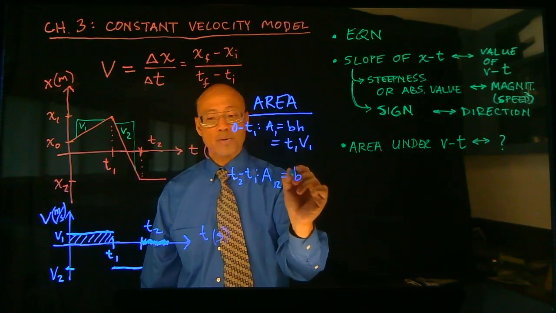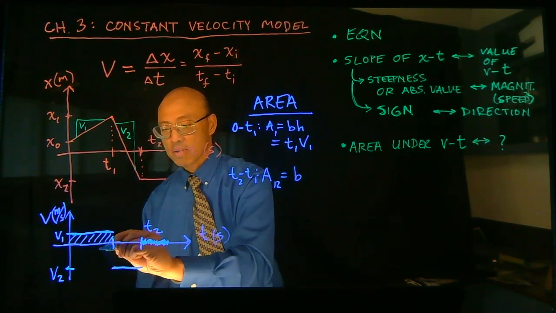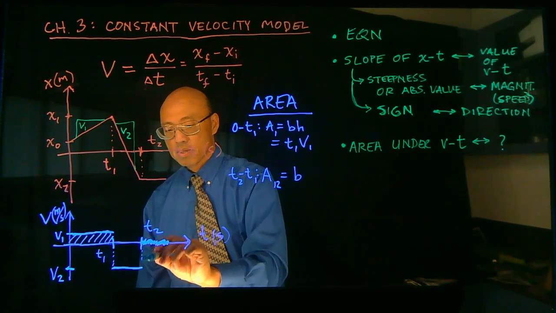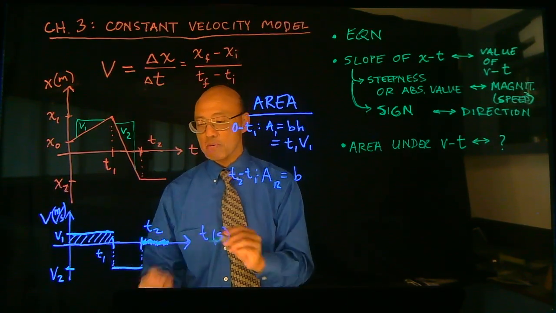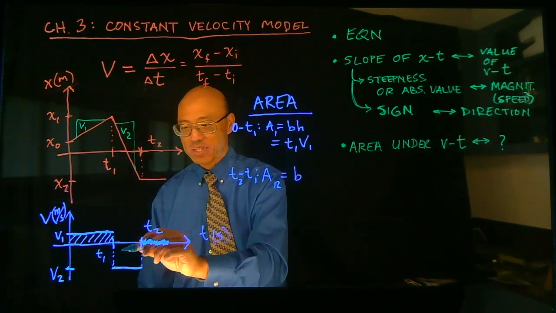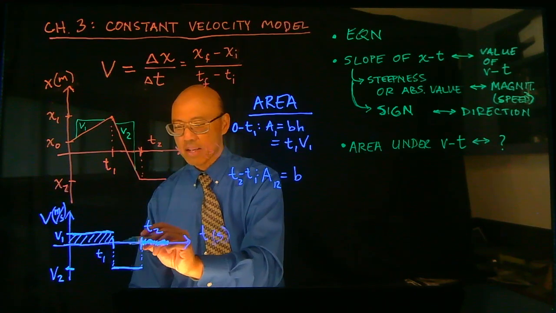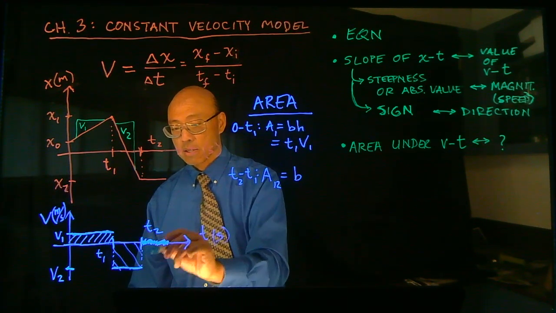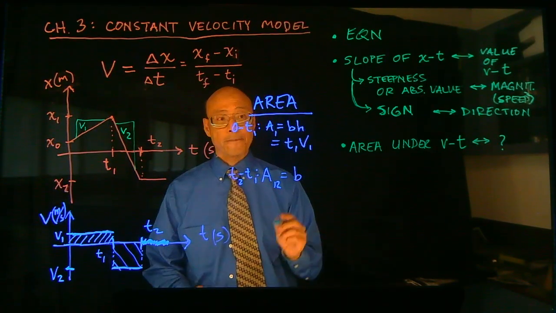That area is also a rectangle. So let me move this t1 over. That rectangle, area under the graph for t1 to t2, the under part should be in quotes because this looks like it's above the graph, but whenever we say area under, we really mean area between the horizontal axis and this graph, which happens to be constant.